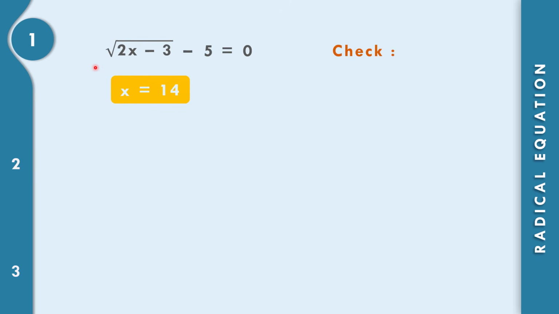Let us check. The square root of 2x minus 3 minus 5 is equal to 0. Let us replace x with 14. So the square root of 2 times 14 minus 3, minus 5 equals 0. 2 times 14 is 28.